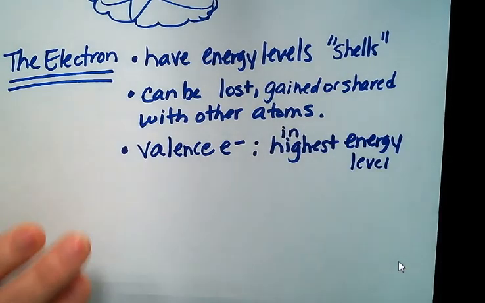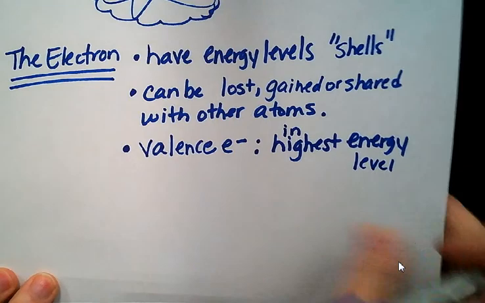They might say they are in the outermost shell, or the last shell would also be appropriate. So they're the ones on the outside ring, the outside shell, the highest energy level. Those are your valence electrons, which are different from your total electrons. And we'll get to that in just a second because we're going to draw some and work those out.